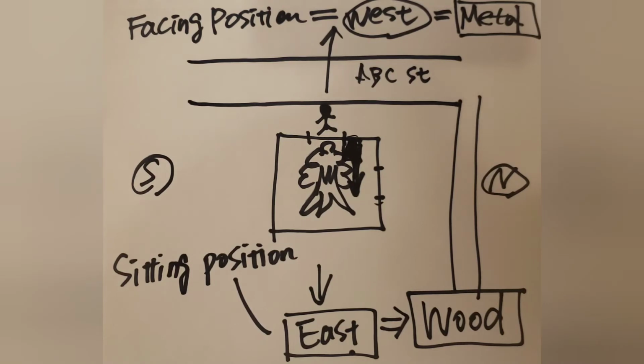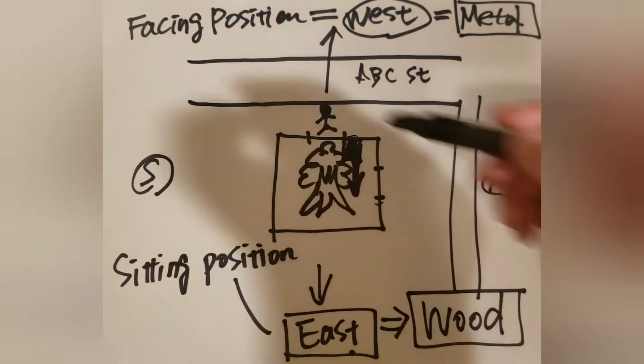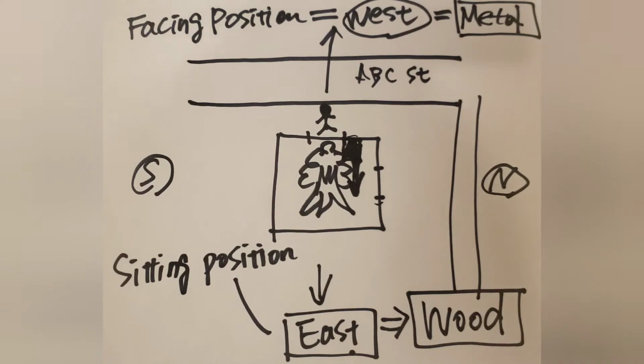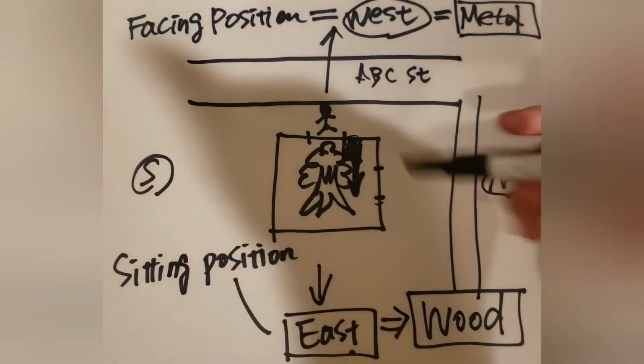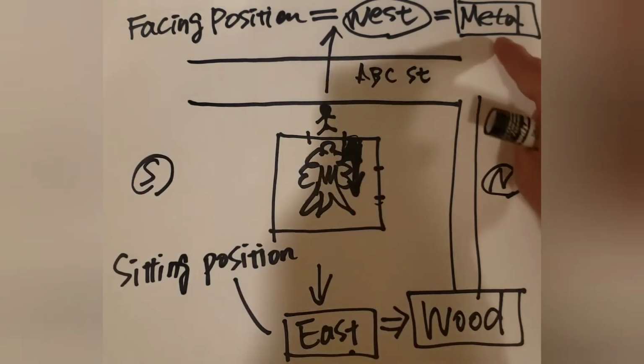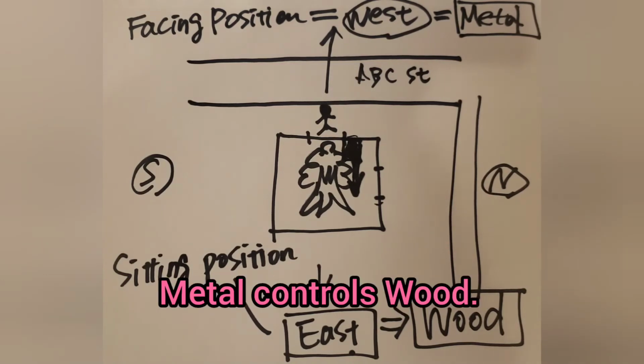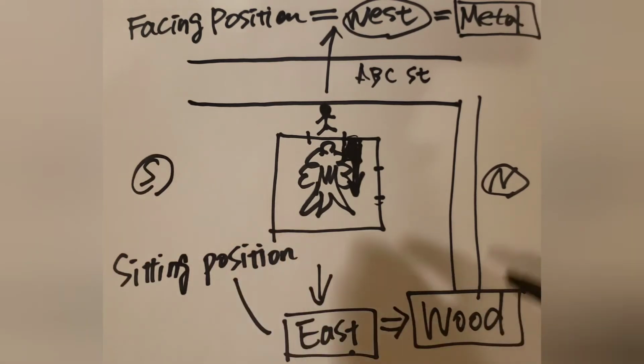Like I said before, my husband and I, fire and wood, are living in a wood personality building, which is very compatible. But if we focus on the unit, we are living in a metal type of apartment unit. Metal is a controller for wood, because metal can chop wood.